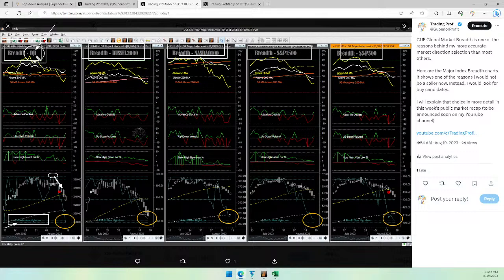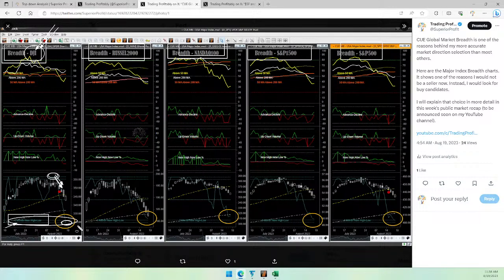We could drill down to the constituent stocks that are giving short setups when 3-month new high low is at the upper extreme. Similarly, when 3-month new high low is at the lower extreme, we can drill down to the constituents using Q index and see which of them are giving buy setups.